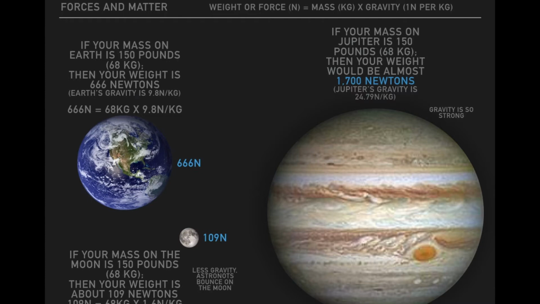Even though you have 150 pounds, 68 kilograms, because that's what we focus on, mass, usually with grams, your weight would be 1,700 newtons. Gravity is so strong you would not be able to pull yourself up. So you can see the difference between the moon, where astronauts could walk, jump, and float a little bit, and Jupiter.